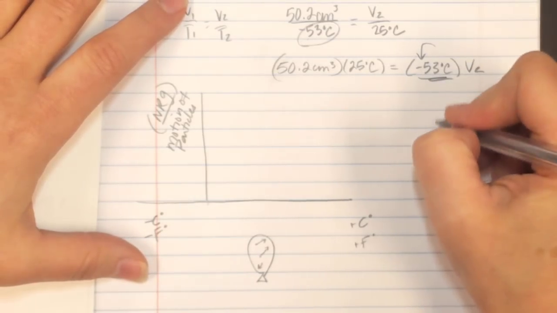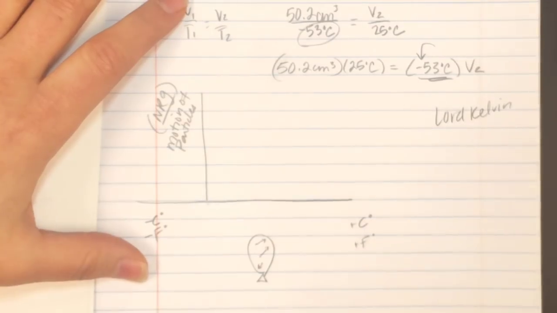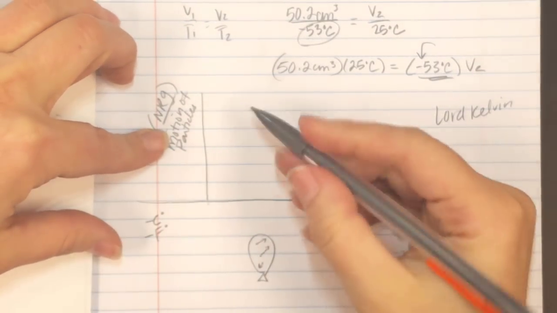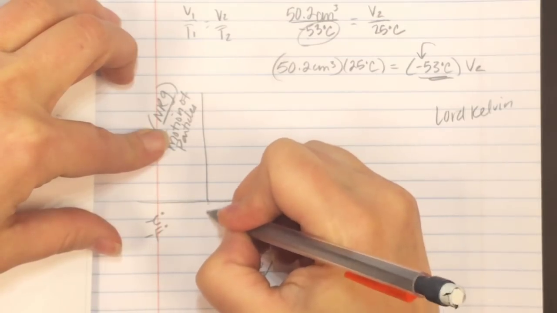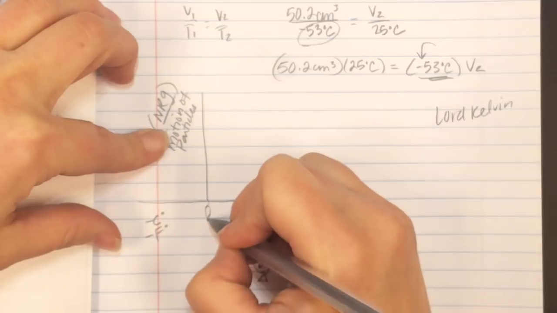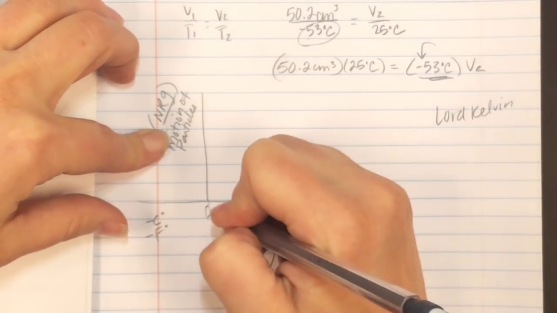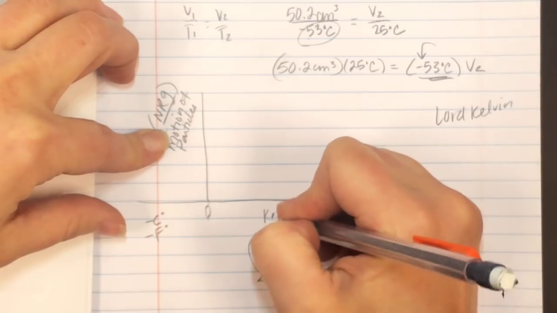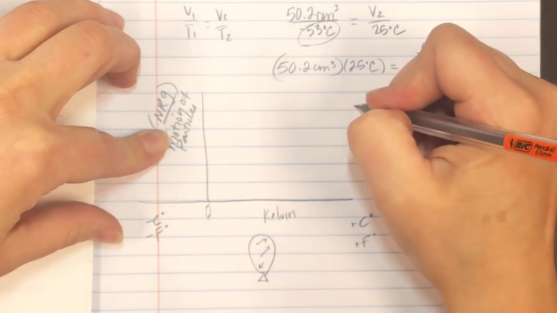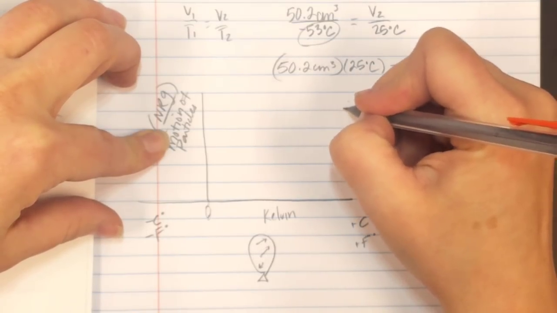Well, this dude, Lord Kelvin, came along and said, if you are measuring the motion of particles, then there should be some point 0 where there is no motion of particles. That should be 0. So on the Kelvin scale, he measured the motion of particles, and he started with gases, right? Gas particle, gas particle.